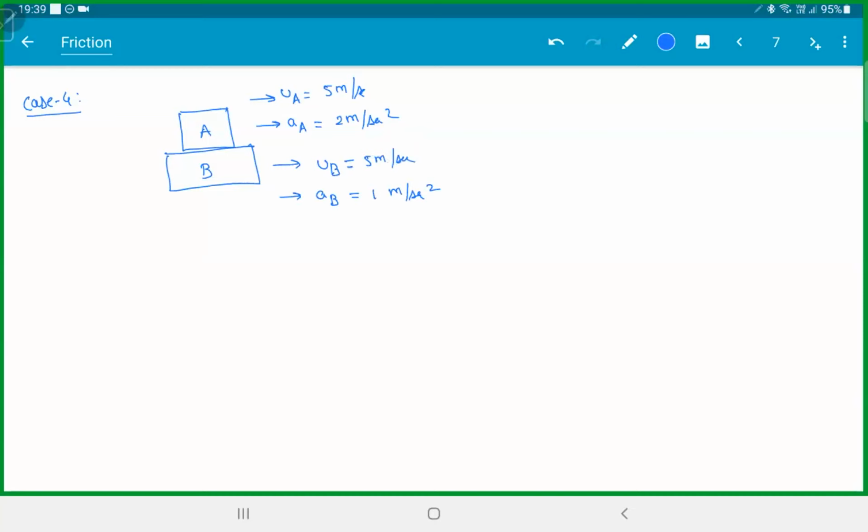So first priority will always be velocity. If velocities are the same, then compare accelerations, because next moment the one with more acceleration will go faster.